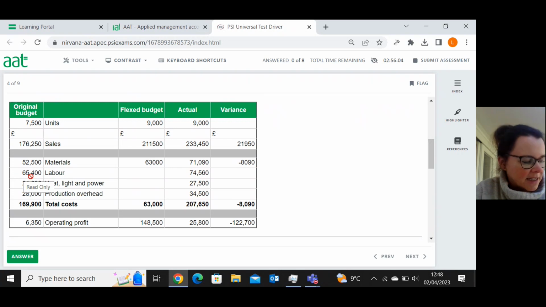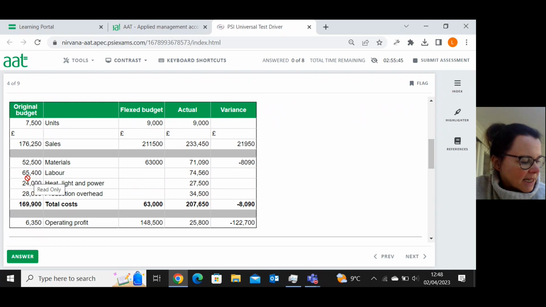So finding the difference, that means I've got an extra 500 units, has cost an extra £4,000. So if I do the £4,000 divide by the 500 units, I get £8 per unit, which is my variable cost.